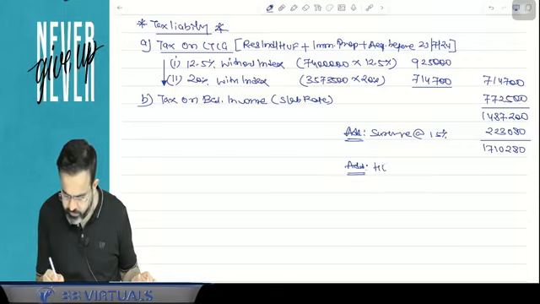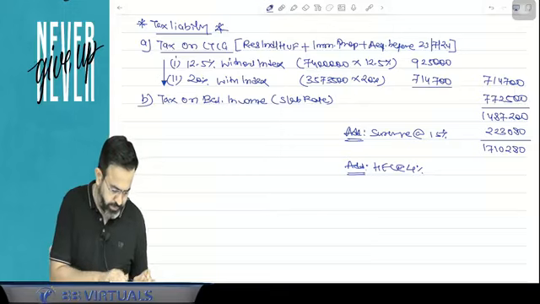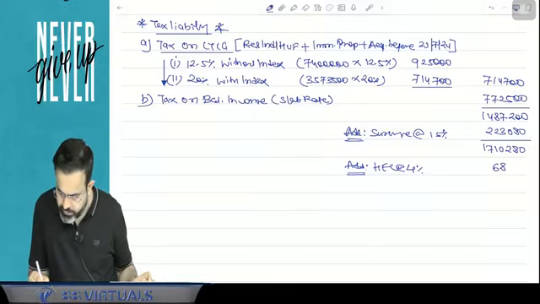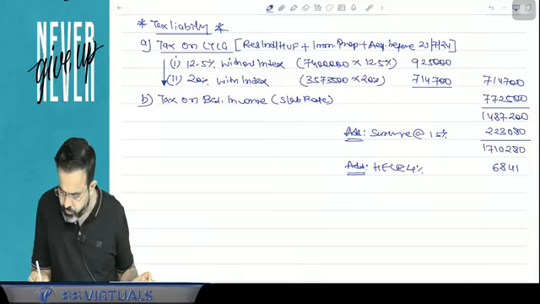Just add health and education cess 4%, so it comes to 68,411.